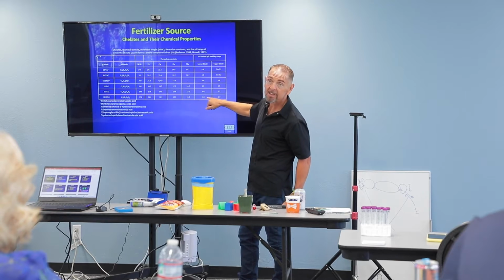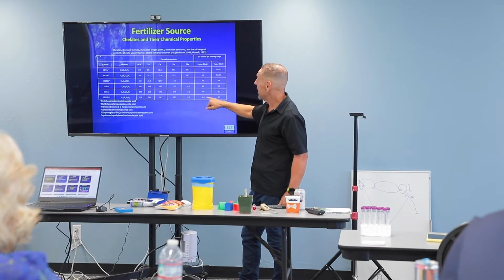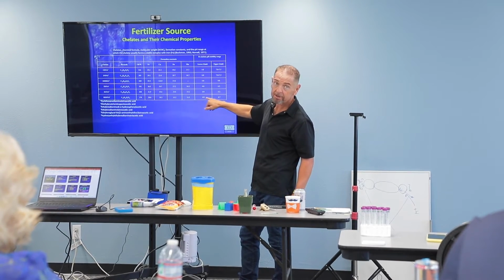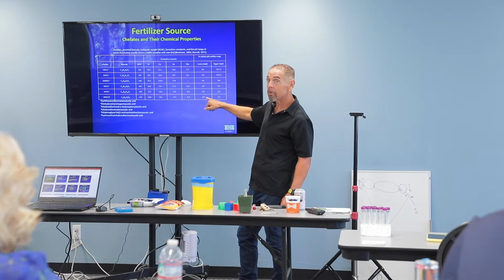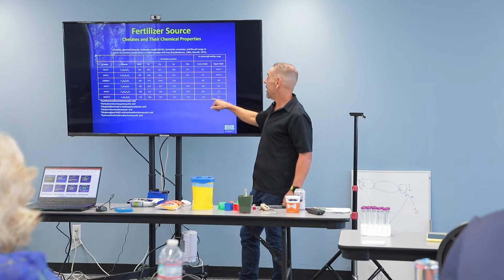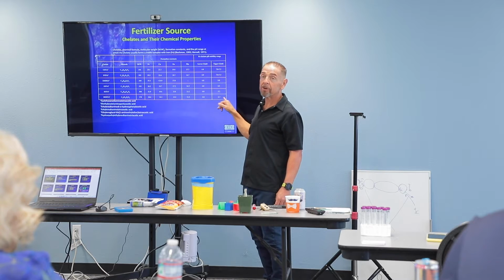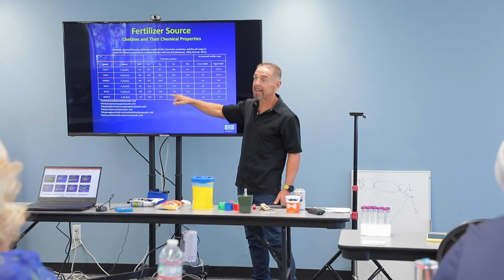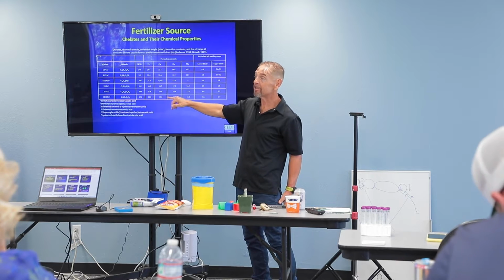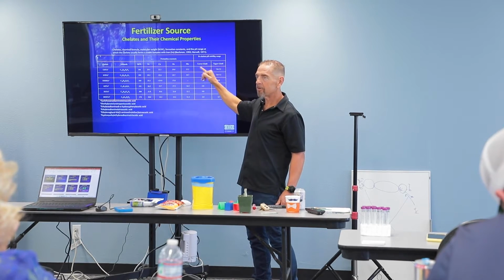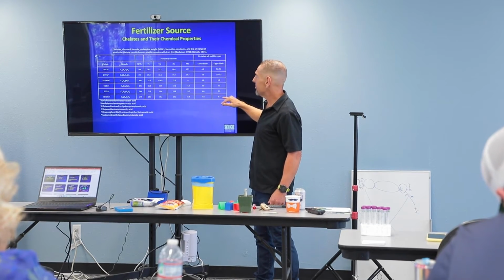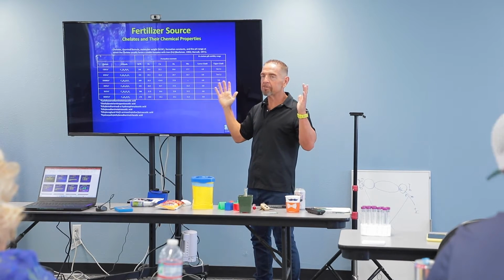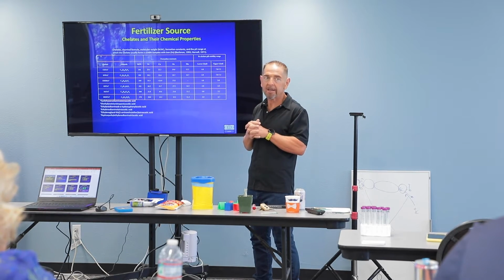Here's HEDTA, the bottom one, and the iron chelate pH stability range only goes down to 4.8. And it only goes up to 6.7. But fortunately, that chelate is a little less expensive than some of the other ones. So yes, you're paying for a broader range of pH stability when you're usually buying a chelate.